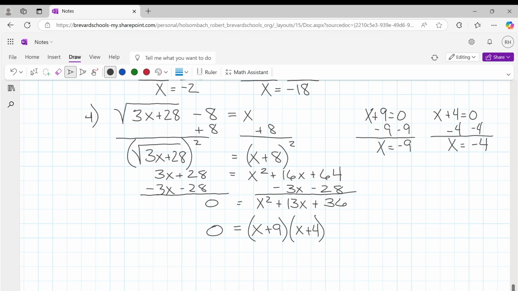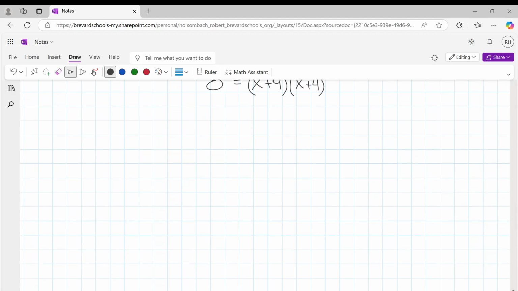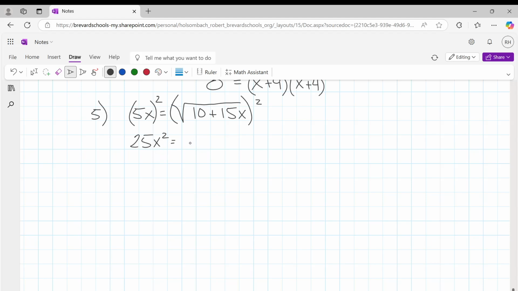All right, problem number 5. 5x is equal to the square root of 10 plus 15x. We need to get rid of the radicals, so we're going to square both sides. 5x squared is equal to 25x squared, and that's going to be equal to 10 plus 15x.